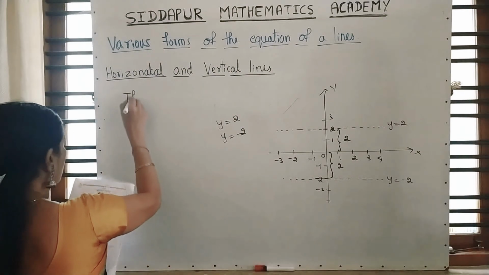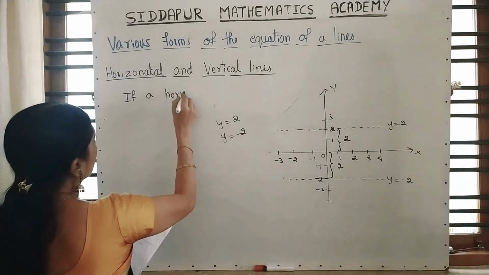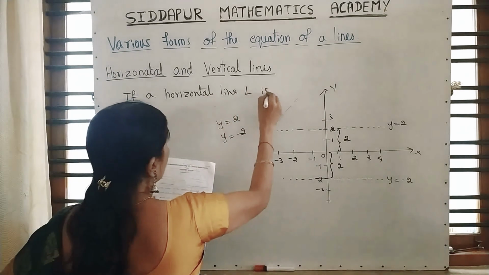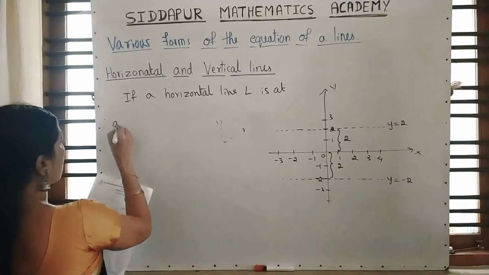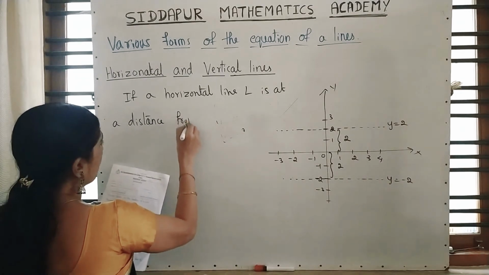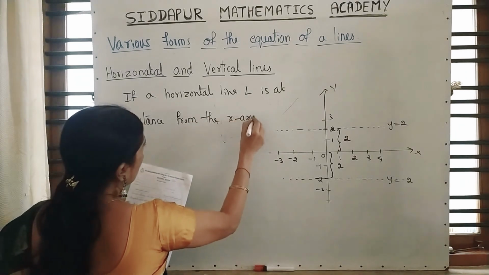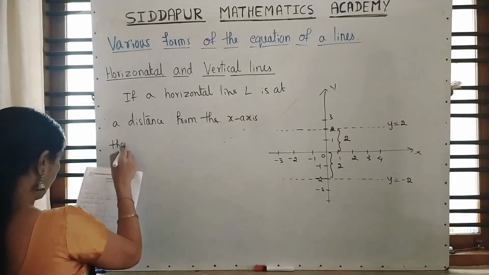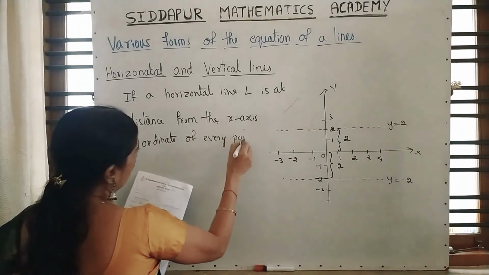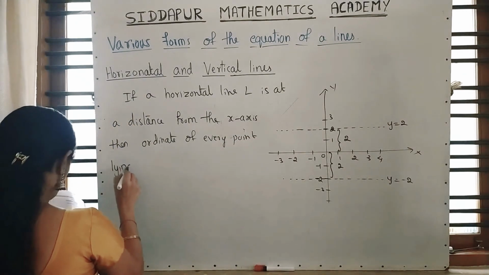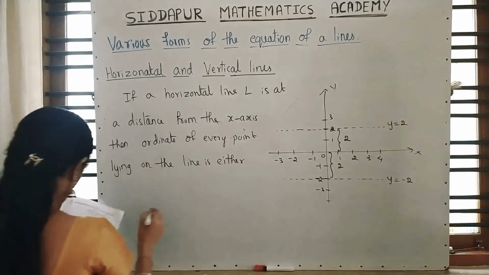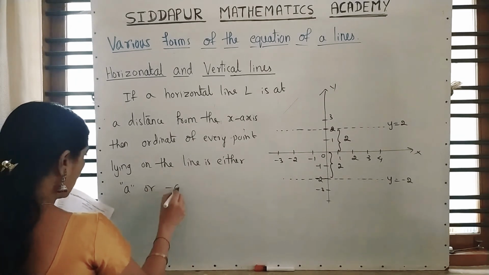If a horizontal line L is at a distance a from the x-axis, then the coordinate of every point lying on the line is either a or minus a.